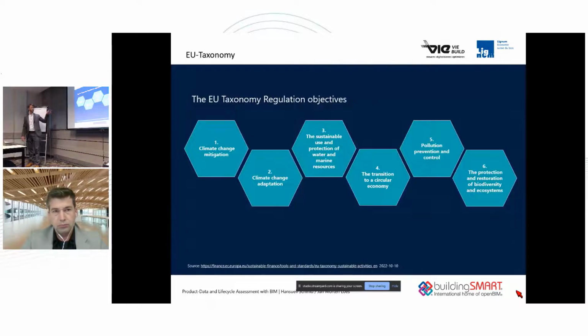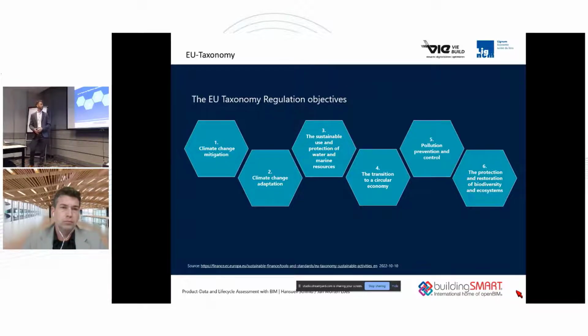Unfortunately, only the first 2 have been described in detail, which is sad. They will be detailed to know what exactly a product or a building has to fulfill to be declared as sustainable. We in the construction side, of course, need the details for the transition to the circular economy.